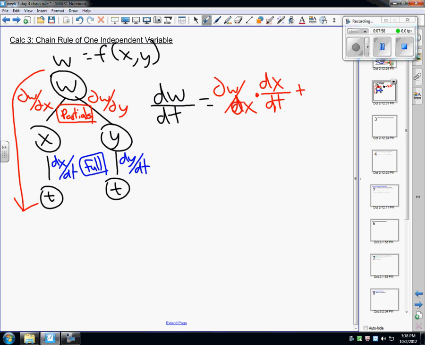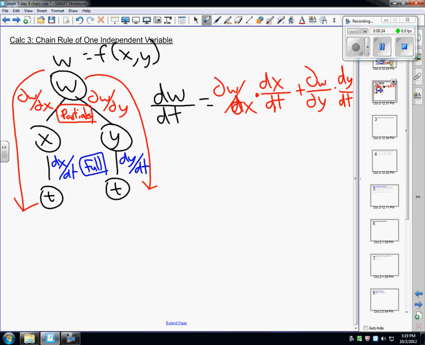Plus, I'm going to now send it down this part of the chain, which is the partial of w with respect to the partial of y times the full derivative of y with respect to time. So the whole idea of this is the derivative of w in terms of t.